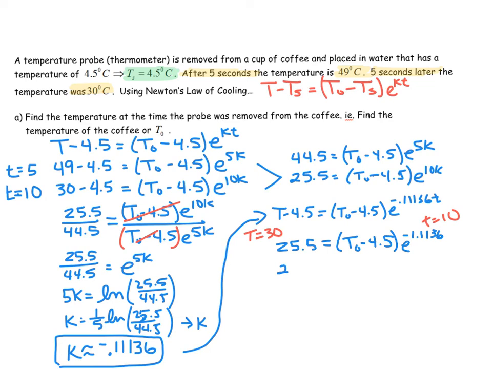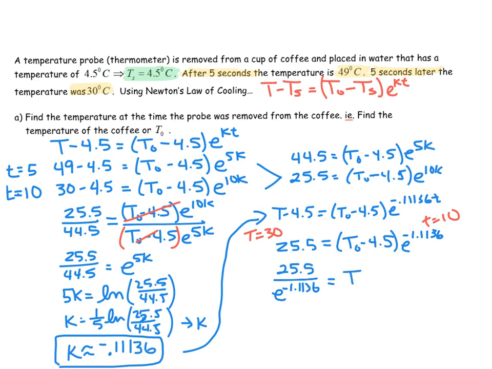We'll take the 25.5, and we'll divide it by e to the negative 1.1136. Now once again, I will not be typing that in my calculator. I will have stored that longer value in for K, and I'll just type in e to the negative K, or whatever letter you want to use.